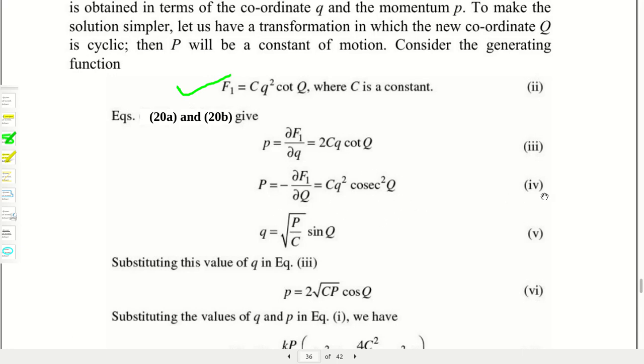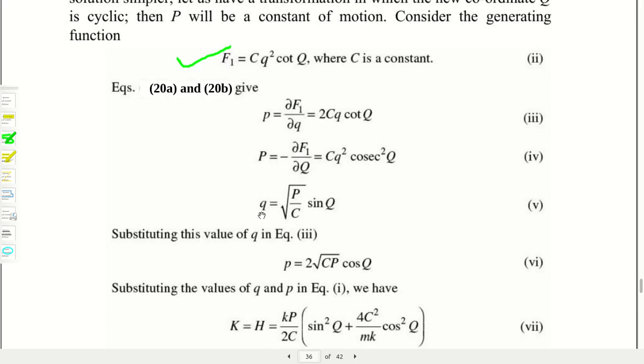This equation number 4 will give you small q as root over of capital P by c, c is a constant, into sine Q, because the root is taken on both sides. And if you get the value of small q, you will put this in equation number 3 and you will get the small p, which is this.